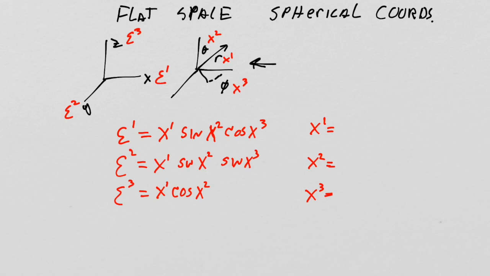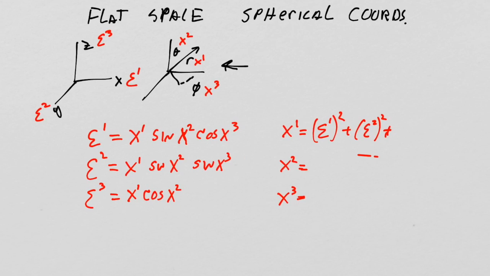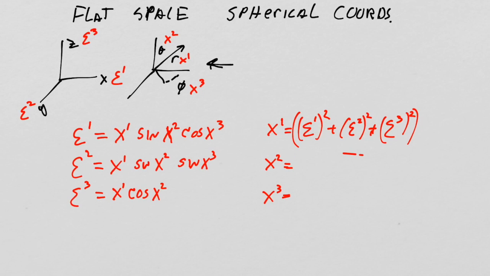For example, let's see, psi 1 is R. That's easy. That would be C1 squared plus C2 squared plus C3 squared, all square rooted, right? To the 1/2 power.